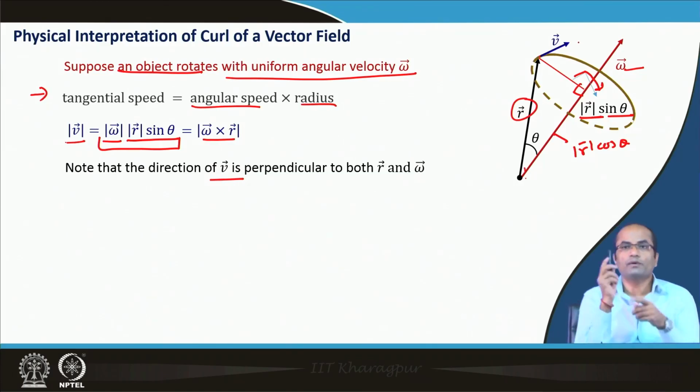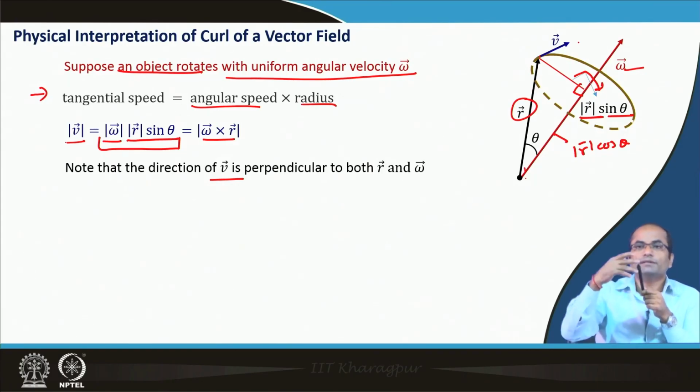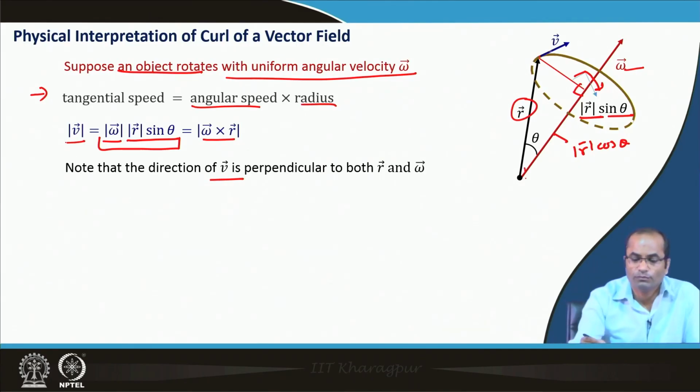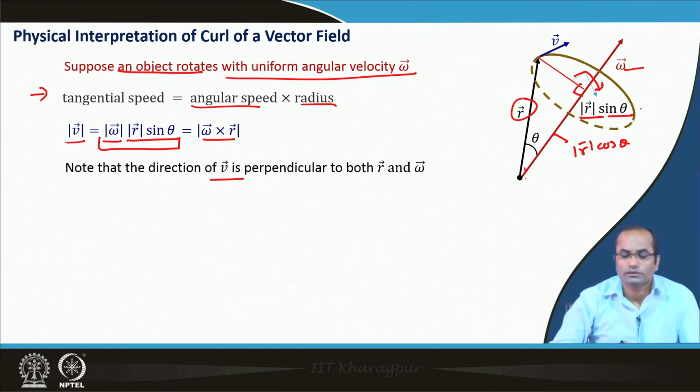So, you can just visualize this motion. There is this r vector, which from the origin connects to the perimeter of this circular path, and then we have the tangential component, which is given by this velocity v. These two are perpendicular, because the tangent on the circle will be perpendicular to the line which is meeting the arc here.